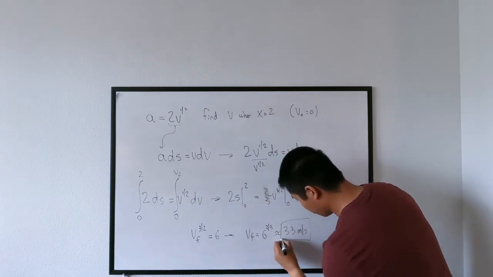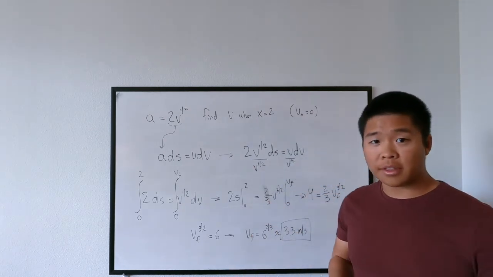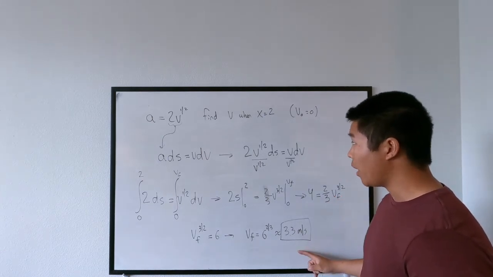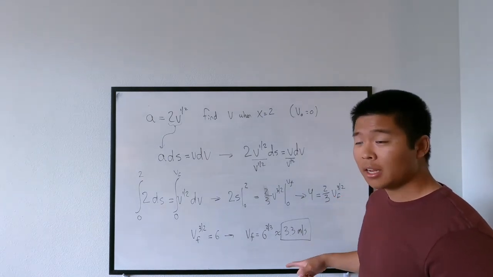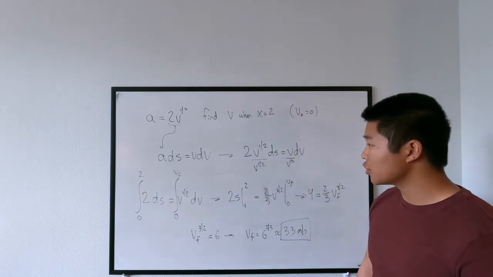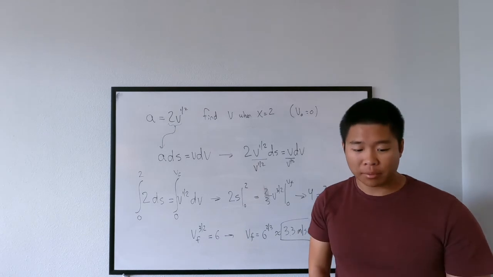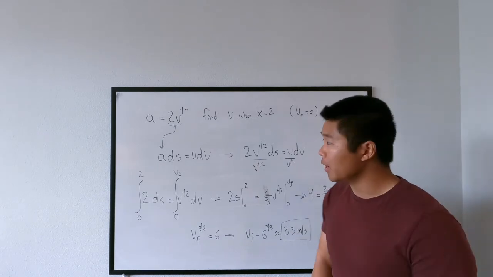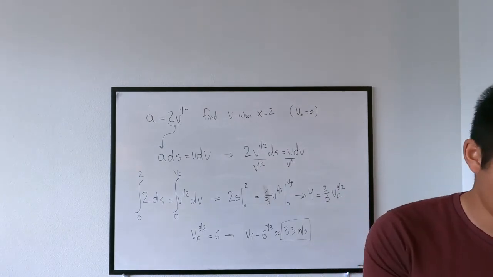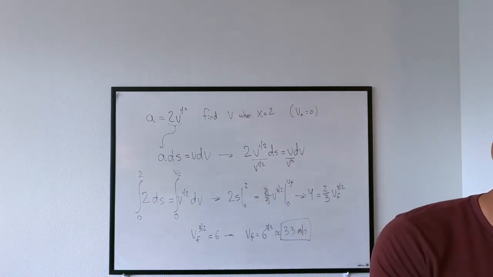So the question is, what does this represent? This is the velocity when my particle is at position x equals 2. So that's a fairly straightforward example of rectilinear motion.